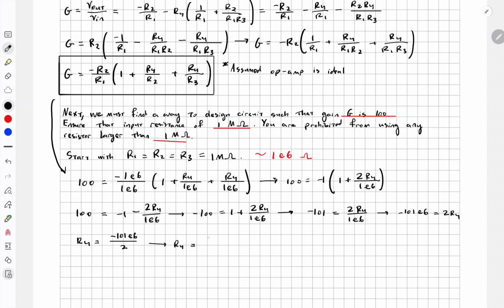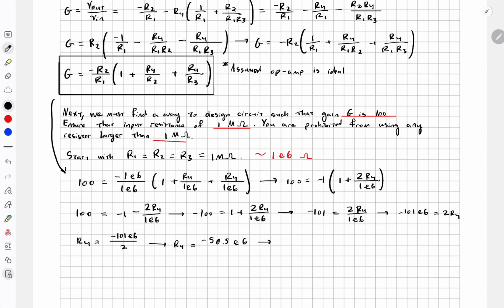So R4 is equal to -0.101, not a mega, and this one becomes, well, okay, let's just say it's -5.1 E6, so mega ohm. No, actually it's 50.5.